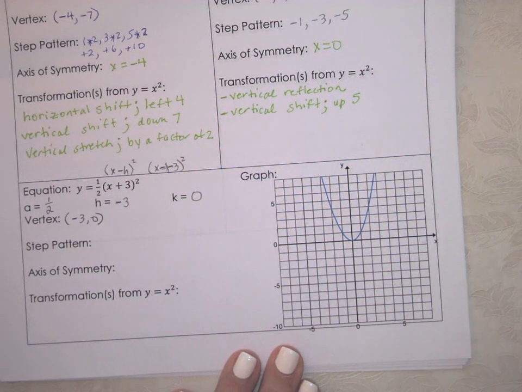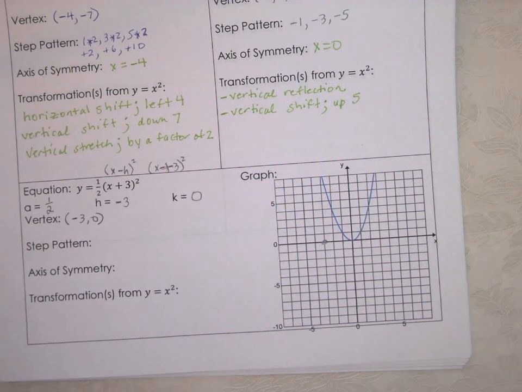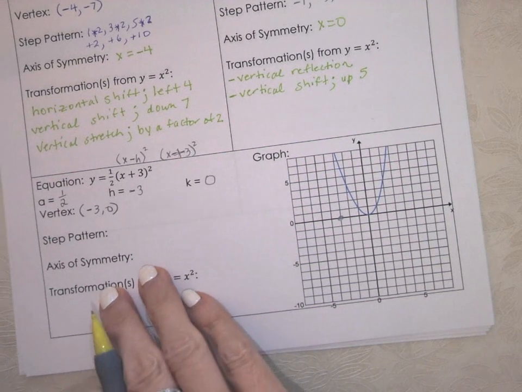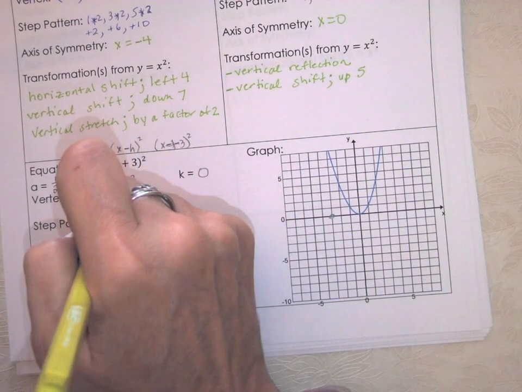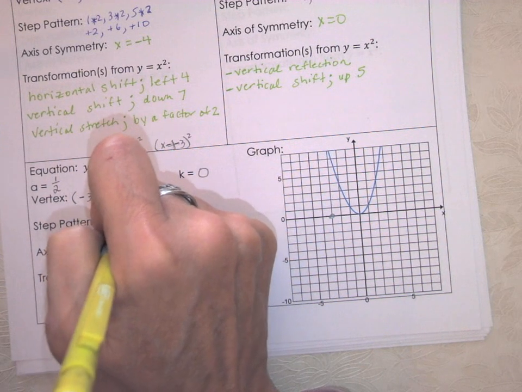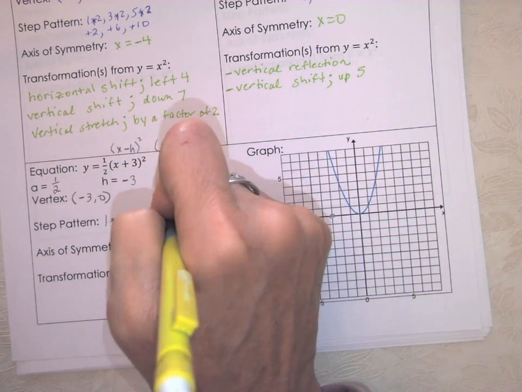So let's plot our vertex. So 1, 2, 3, right there is going to be our vertex. And our step pattern. So halving things, right? So we're thinking of 1 times 1/2, 3 times 1/2, 5 times 1/2, or we're cutting our steps in half.